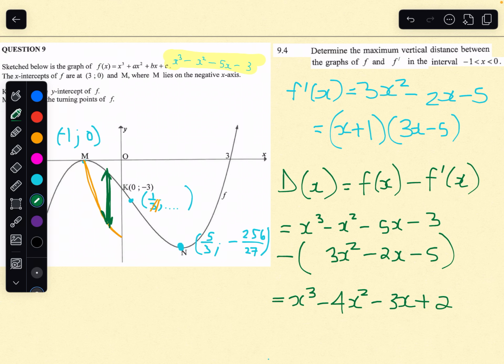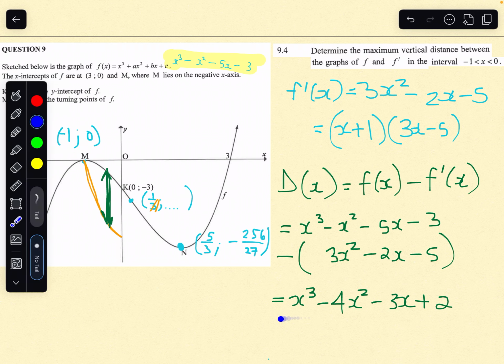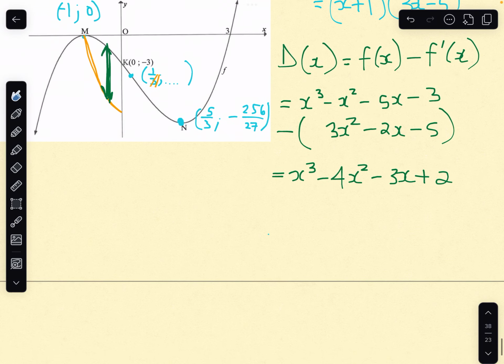Right, so that is the function for the distance between these two graphs at any given x. You can work out the vertical distance between them by plonking the x in here. So we want to figure out when this is at its biggest in this interval, when x is between -1 and 0.